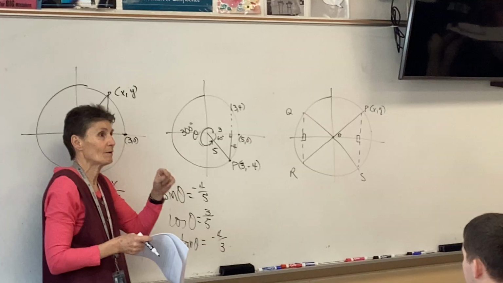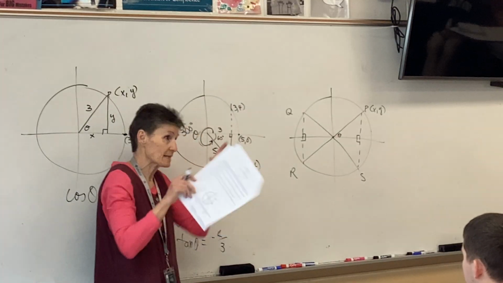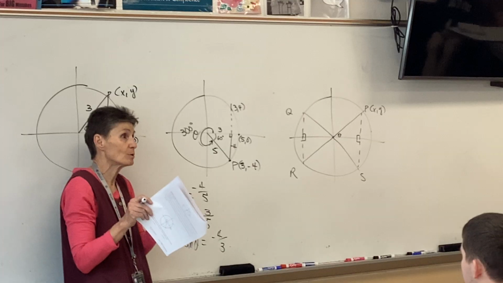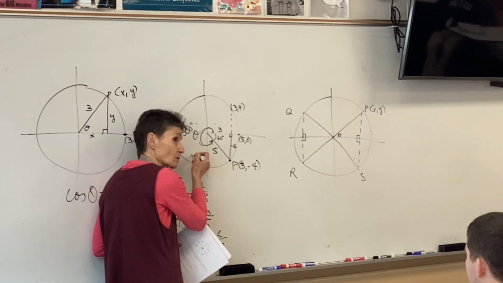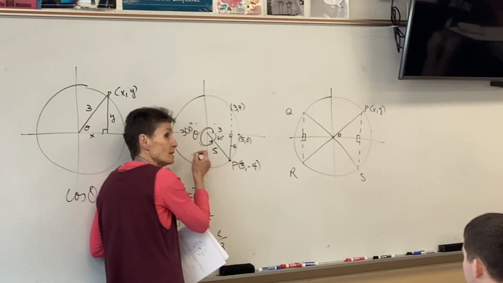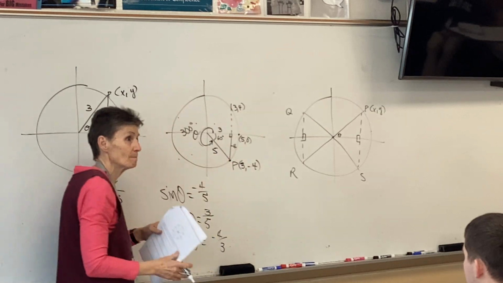So we talked about how all of the pi over 3's have the same x and y coordinates in the unit circle, because there are 4 pi over 3 angles: 5 pi over 3, 4 pi over 3, 2 pi over 3, and 1 pi over 3.